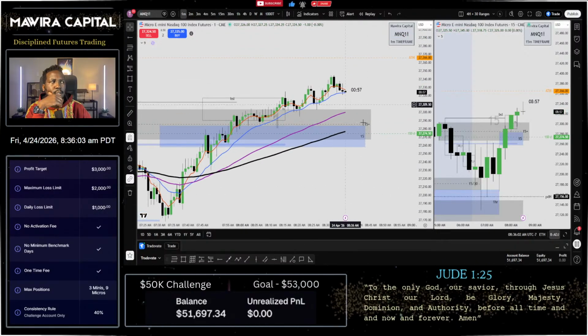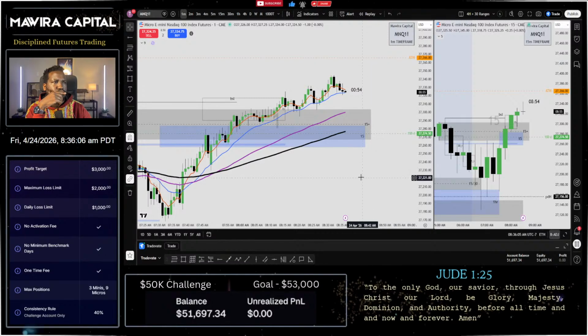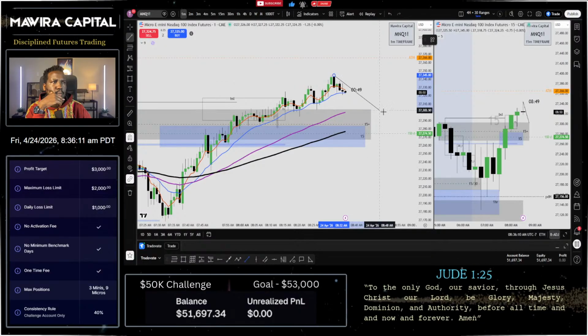Okay, keep coming down. We already have two swing lows here.